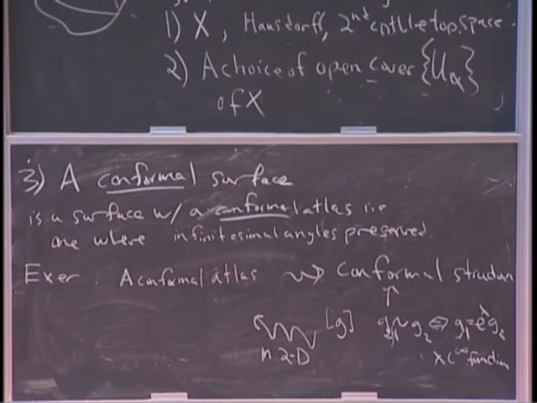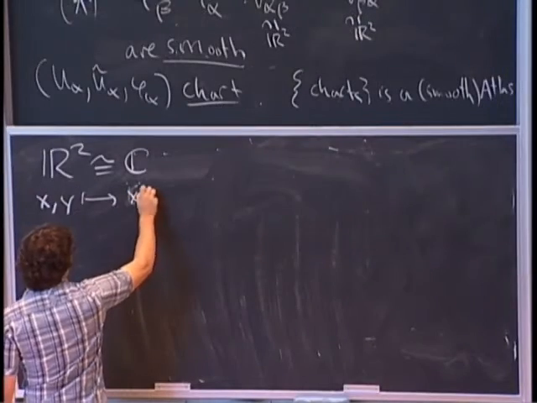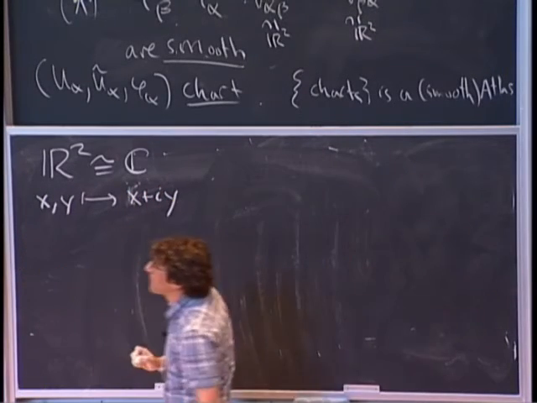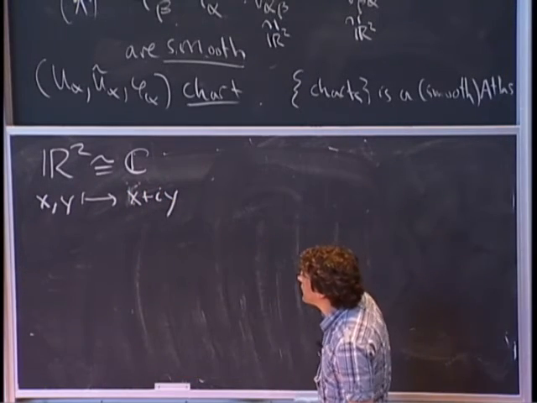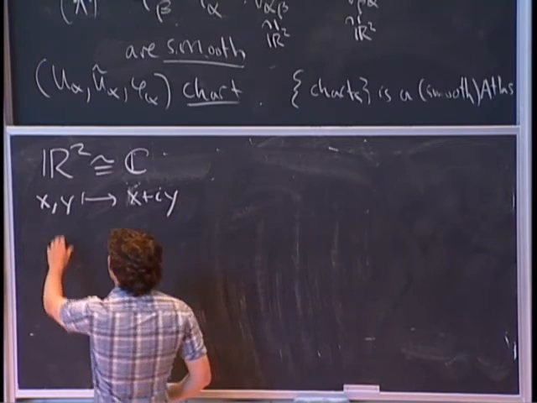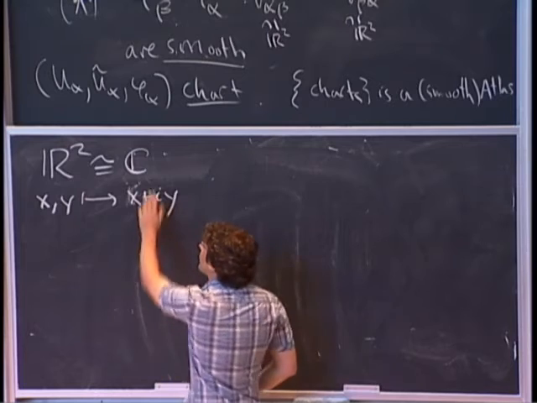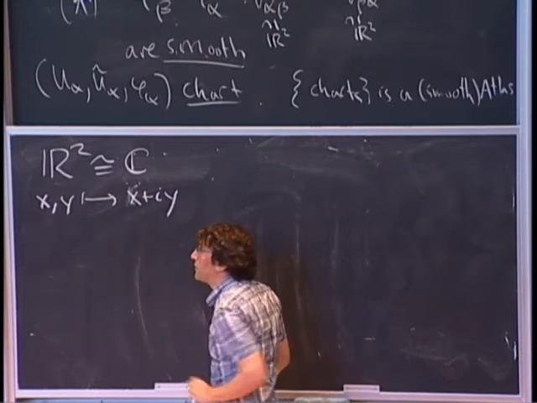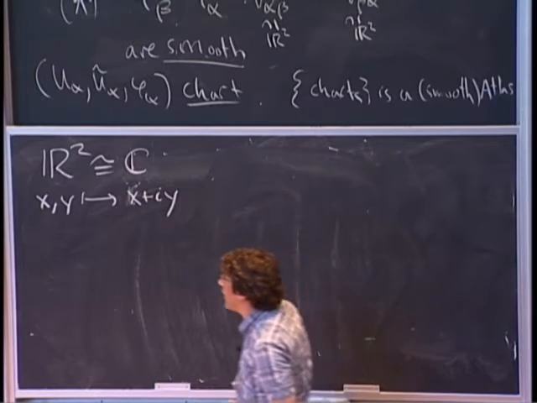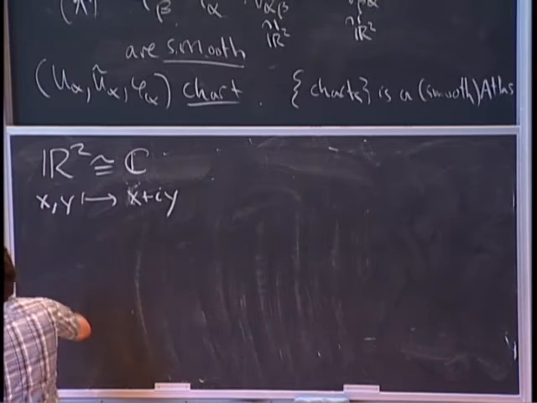Remember, R2 can be uniquely identified with C by saying (x,y) goes to x plus iy. There's no information lost here. So a map between open domains of R2 is a map between open domains in C.